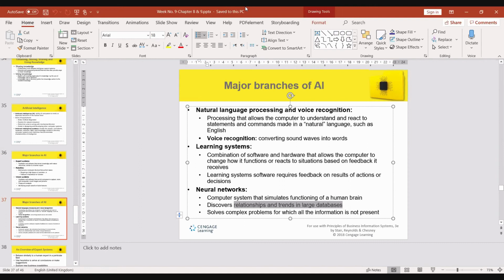This technique is called neural networks, normally used in artificial intelligence. You can Google it, different algorithms are available in this field, and people are using this to create their intelligent systems. It usually solves complex problems for which not all the information is present. For example, the robot is moving, where to move? The robot has to take a decision. There are different patterns around.